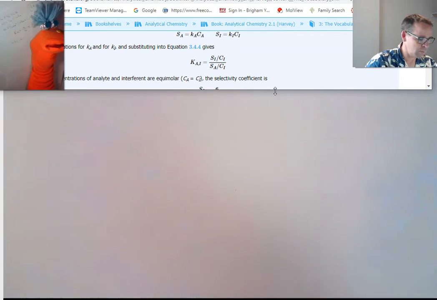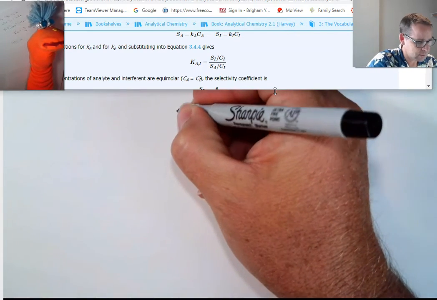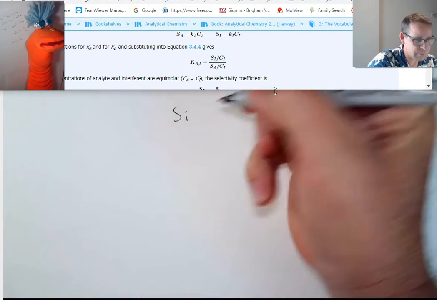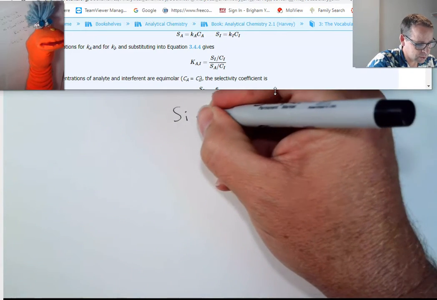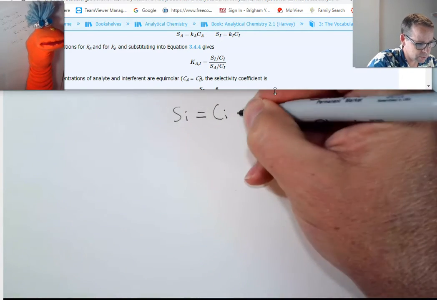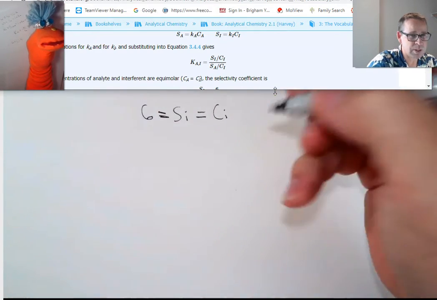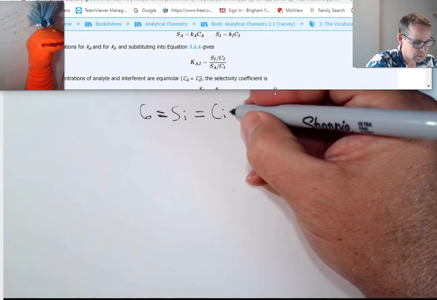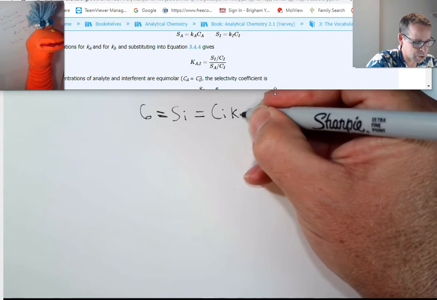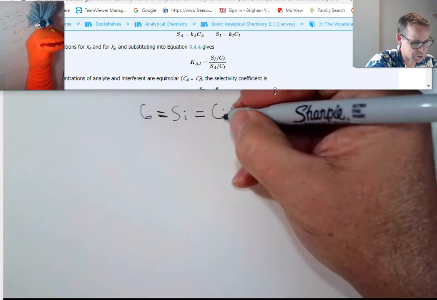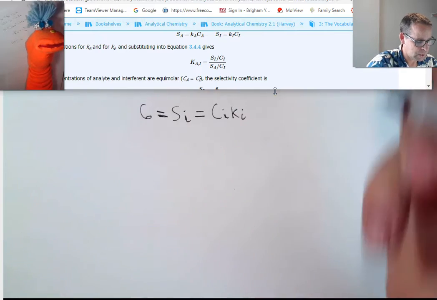So let's look at what we do know. We know that the signal of the interferent at the concentration of the interferent, as provided initially, was 6, right? And this is with the proportionality constant for that interferent.